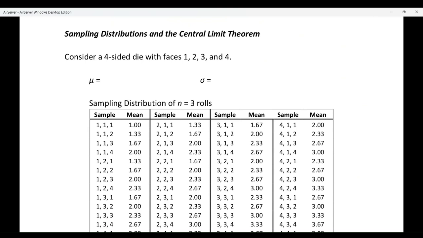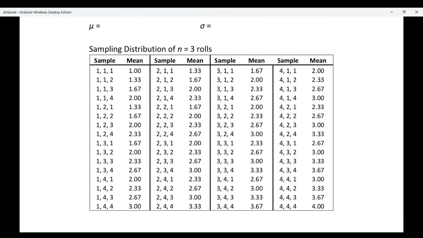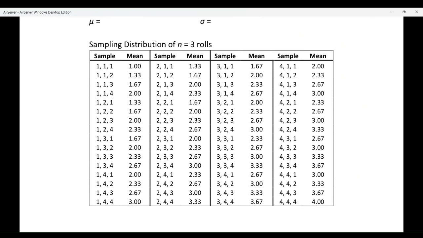And so imagine rolling that die 3 times and taking the average of those 3 rolls, okay? And then finding the standard deviation. Now, what you see below is the sampling distribution for that. So rolling the die 3 times, you get a 1, 1, 1, a 1, 1, 2, and so on. So these are all of the possible outcomes of that.